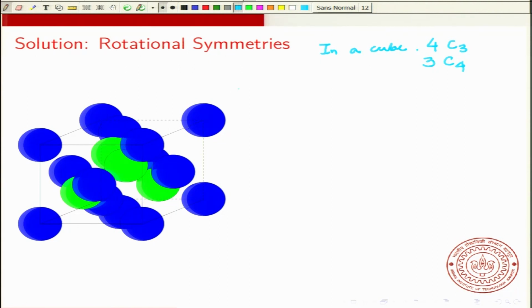So this is an example of a C4 axis. This is the C4 axis of the cube. And this is the C2 axis for the cube.